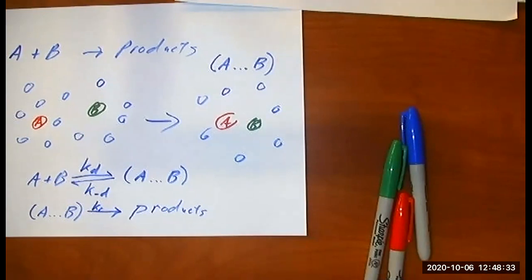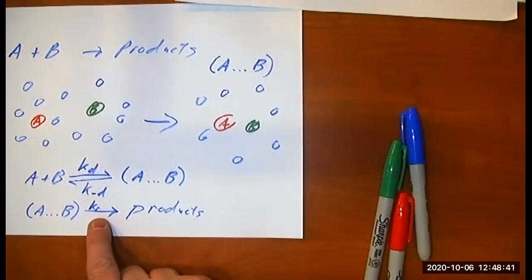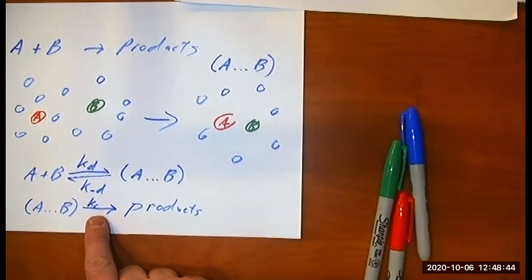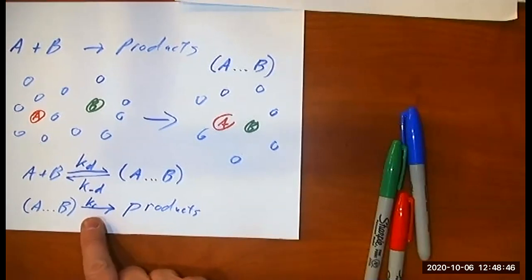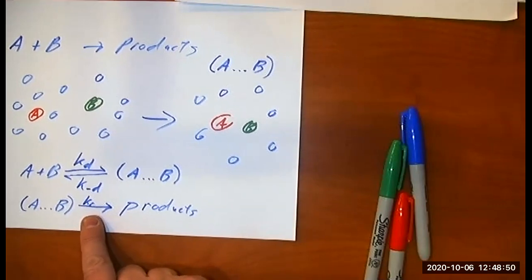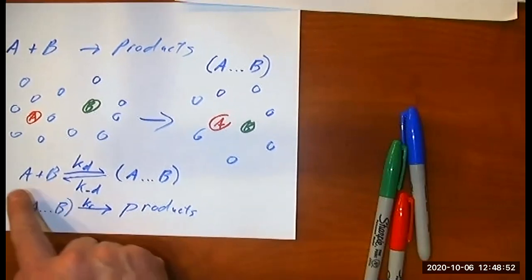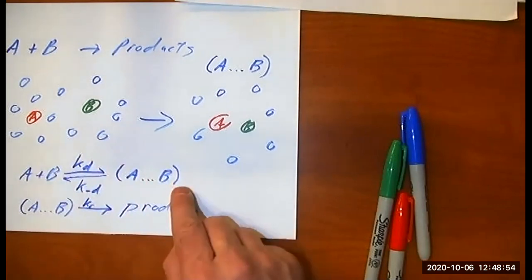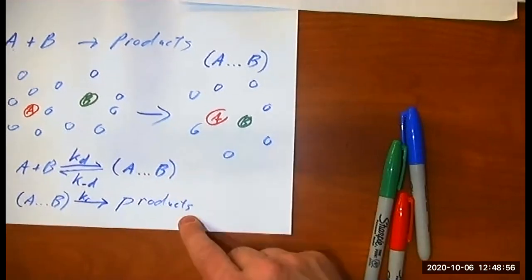That was the point. I said with one exception. That one exception is when KR is not the rate limiting step. If KR is really, really fast, then every time A plus B happens and they form the encounter complex, it goes on to products.